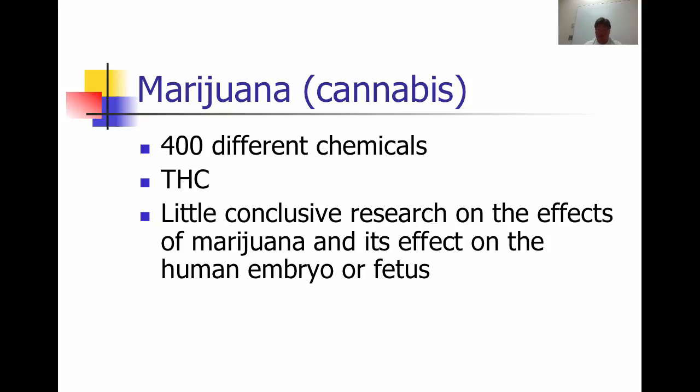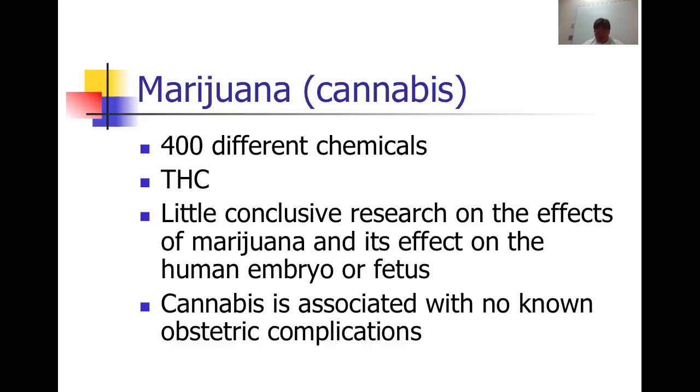And in fact, some organizations have stated that there are no known obstetric complications involved with marijuana. However, as you might guess, medical professionals and doctors recommend that pregnant women refrain from the use of all recreational drugs.